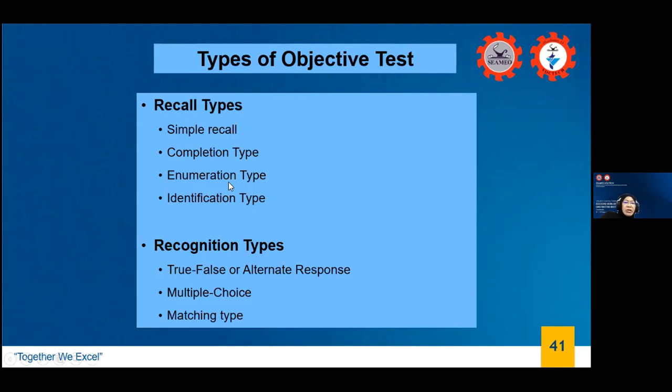Enumeration, you are to list down. Identification, meaning a description is written, then you have to tell what it is. Then recognition, where the answers are there and all you have to do is choose the correct answer. So you have true or false or alternate response, multiple choice, matching type.